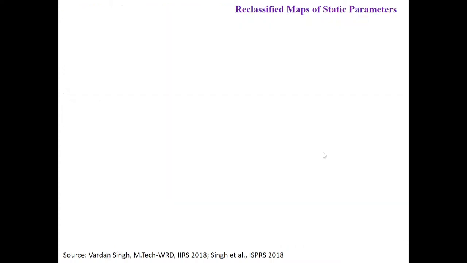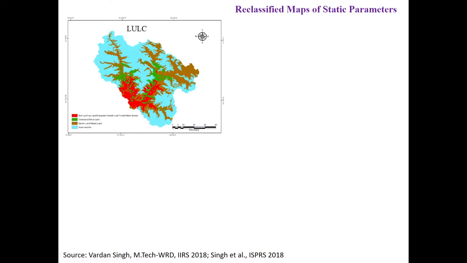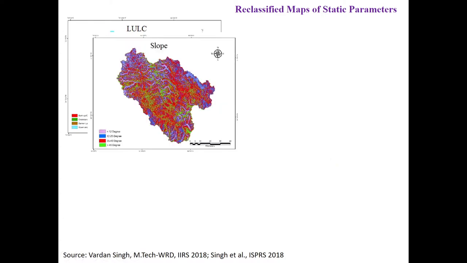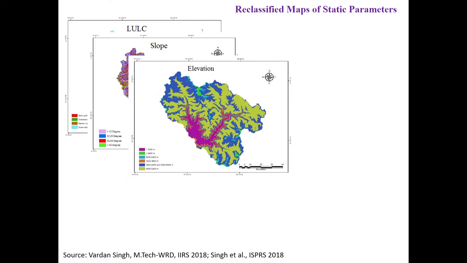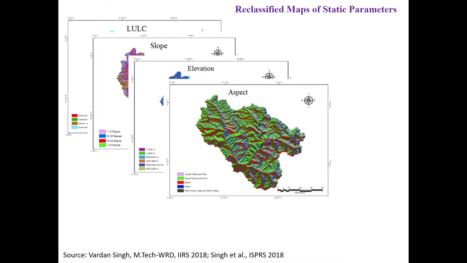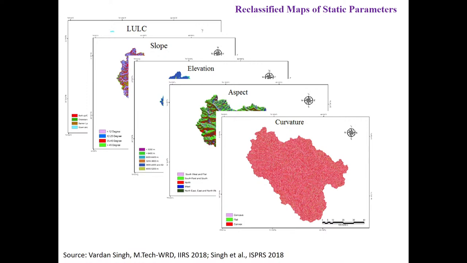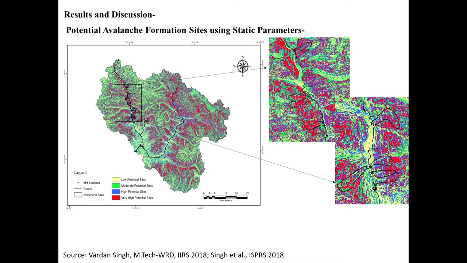And then you can see here, this is the land use, land cover map, this is the slope map, this is the elevation map, this is the aspect, this is the curvature. And then we have provided different weightages, and then we could generate this kind of potential avalanche formation map.